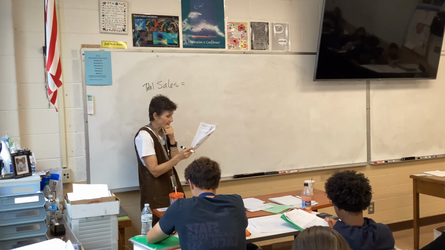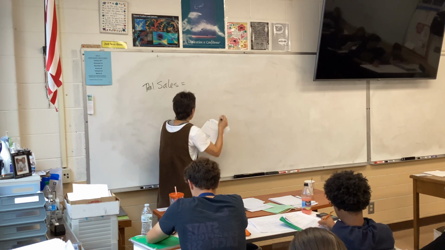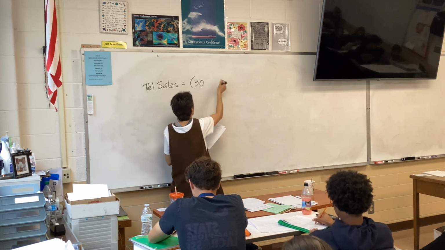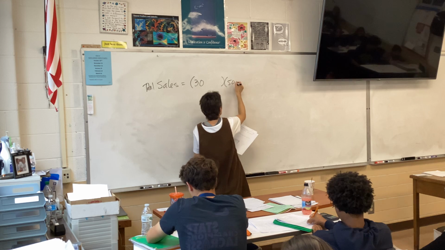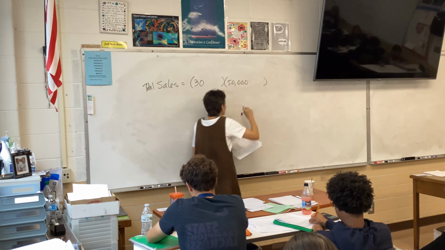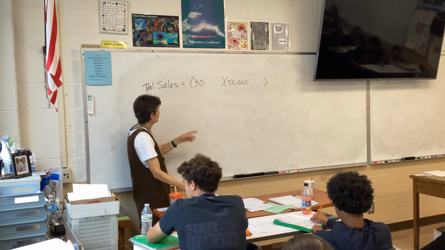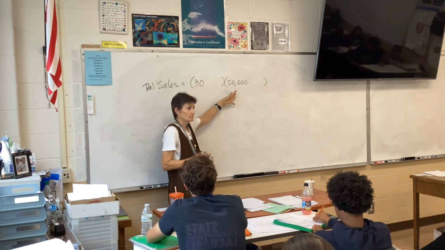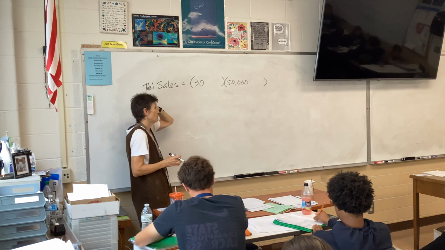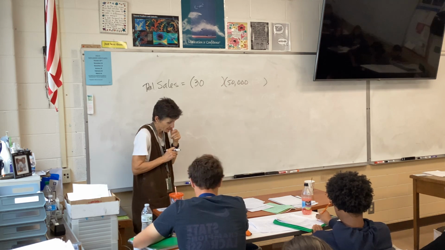Well, right now, he has 30 people, and they are averaging 50,000 each. So wouldn't his total sales be 30 times 50,000? Total sales for the company, 30 people selling 50,000.